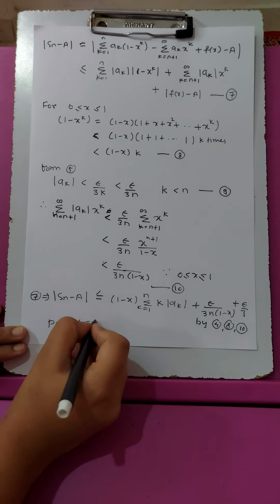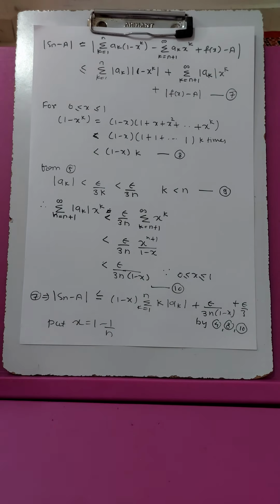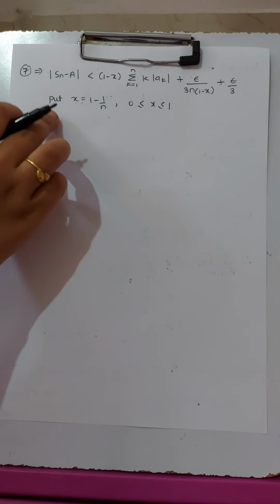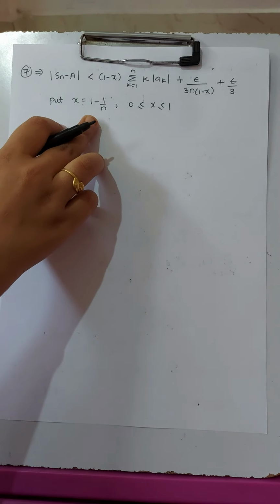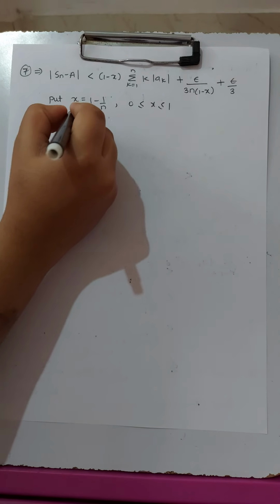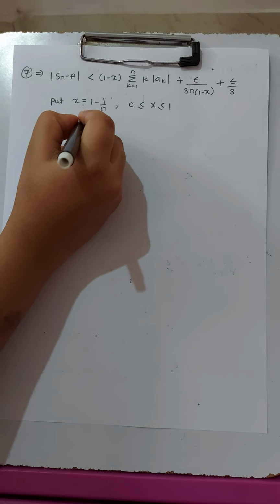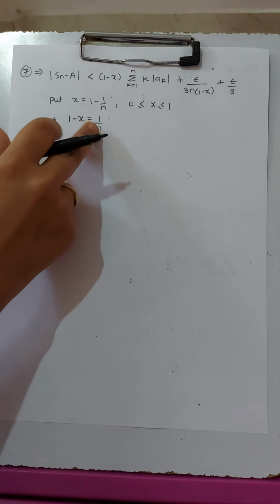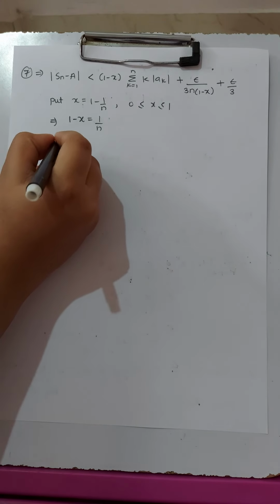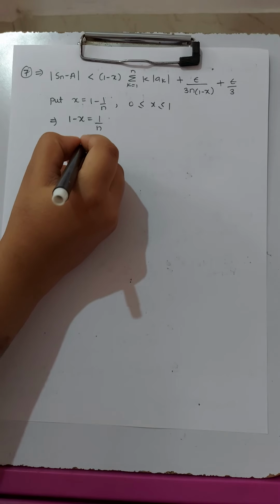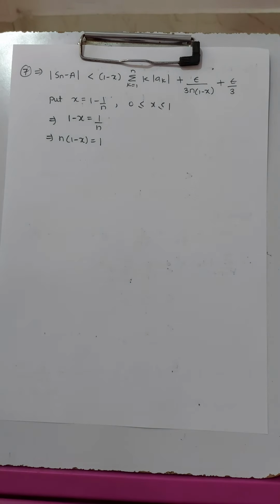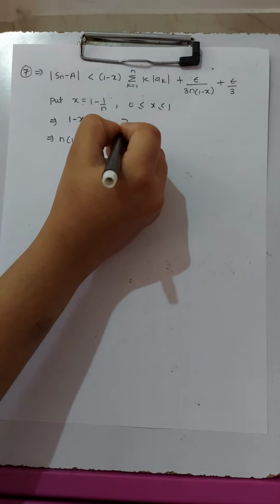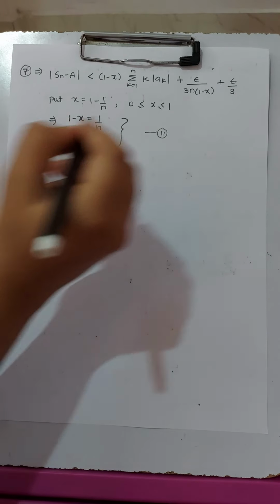Now we will put x equals to 1 minus 1 upon n. So we get 1 minus x equals to 1 by n. Also n times (1 minus x) equals to 1. So let it be number 11.